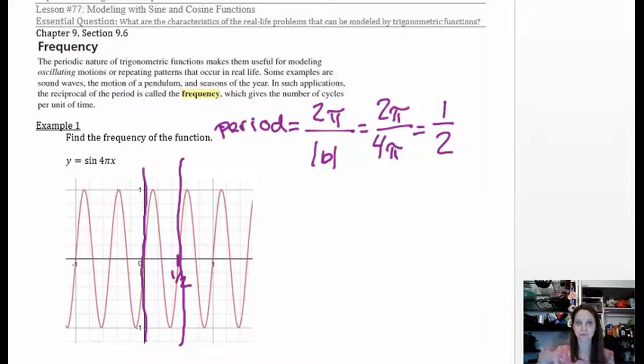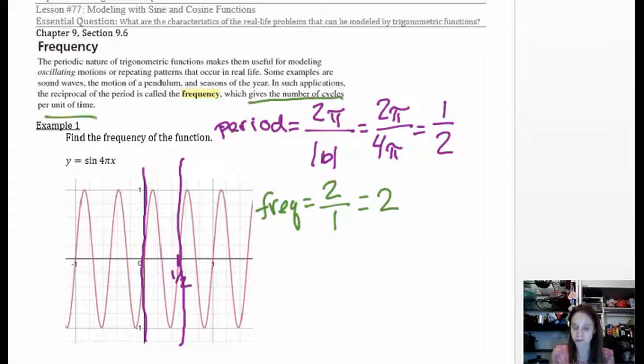The frequency is the reciprocal of period. So we can take the reciprocal, 2 over 1, or 2. And what this does is it gives the number of cycles per unit of time. If we assign the x a unit of time, let's call it seconds, then this frequency is how many cycles per second.